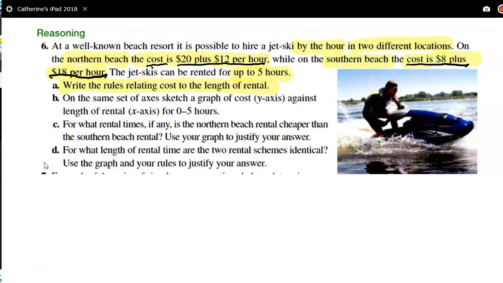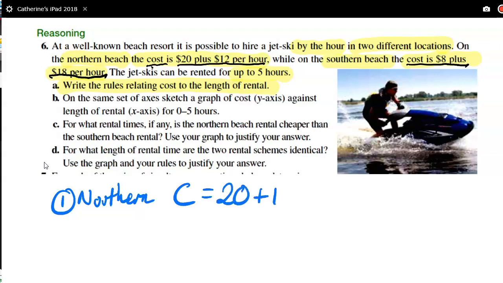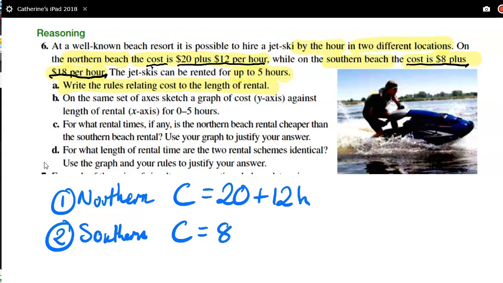If I was to write this, I would say equation 1 is the northern, where cost equals $20 plus $12 per hour. Equation 2 is the southern, where cost equals $8 plus $18 per hour.